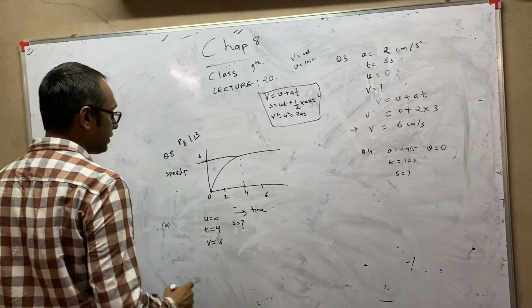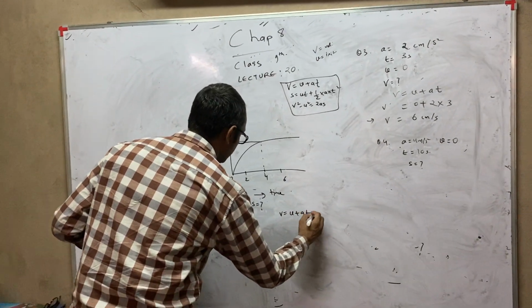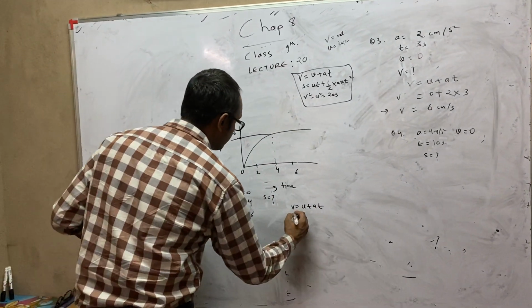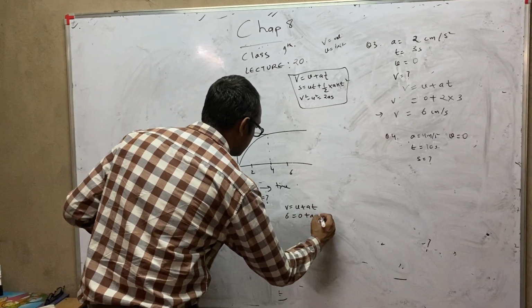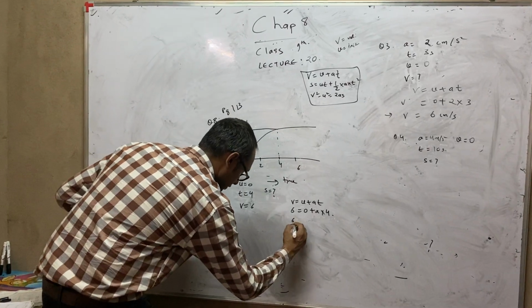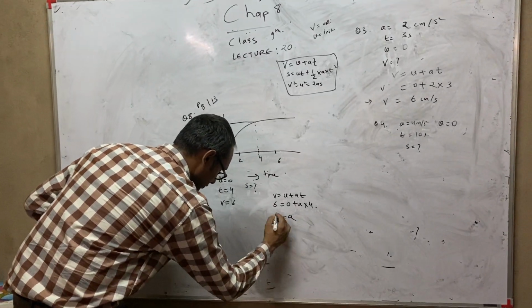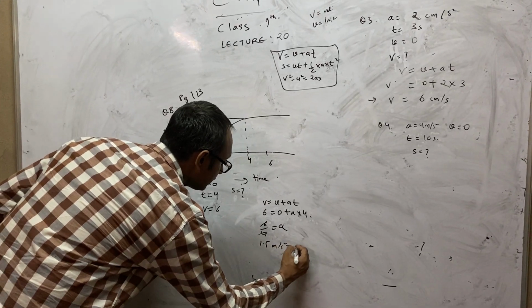So first I have to calculate A. So V is equal to U plus AT. V, as we read from that, is 6, equals 0 plus A, and time as you know is 4 seconds. So 6 upon 4, this gets squared. So acceleration is 1.5 meter per second square.